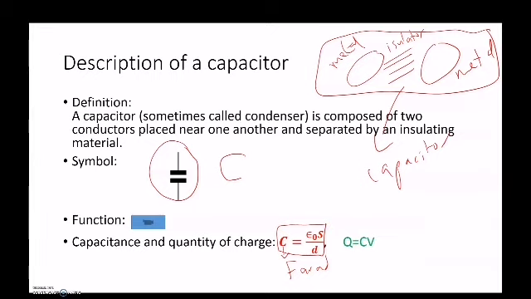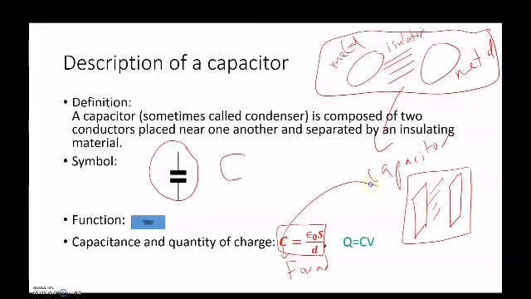By parallel plate capacitor, I mean the metal will be a plate, and another metal will be another plate parallel to the first one, and here we have an insulating material, as I have said before. It is called a parallel plate capacitor because the plates are parallel to each other.